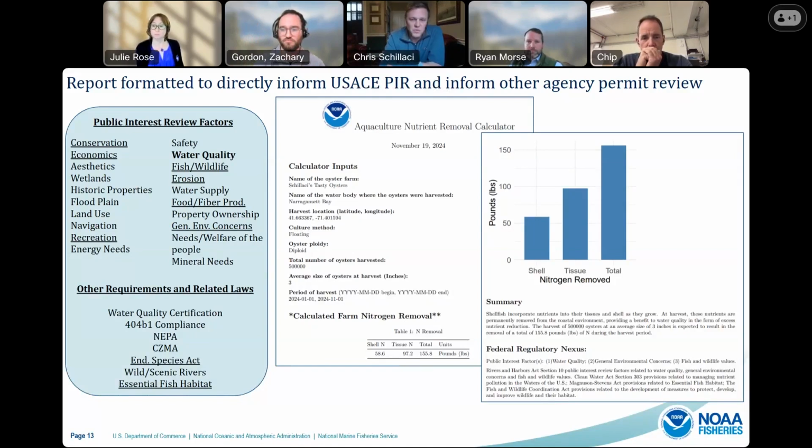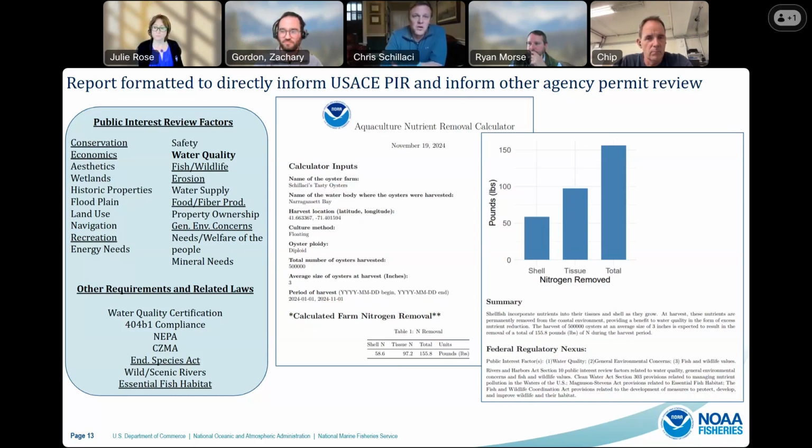And what we identified was, generally speaking, every project is going to go through some level of Army Corps of Engineers review under their Section 10 of the Rivers and Harbors Act. And Section 10 is what they call a public interest review process, where there's a number of factors that the Army Corps project manager or permit reviewer is going to look at and see where this project's going to have effects, whether they're negligible, beneficial, adverse, neutral.